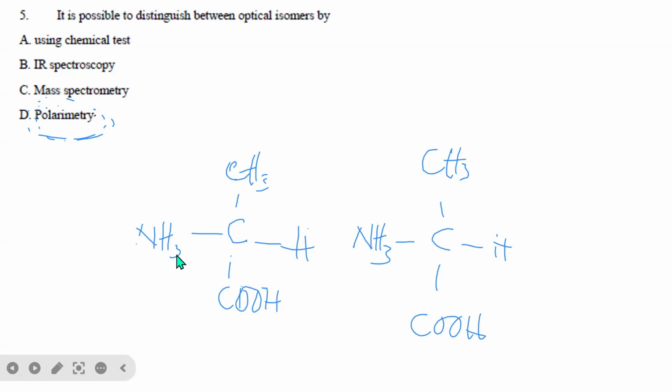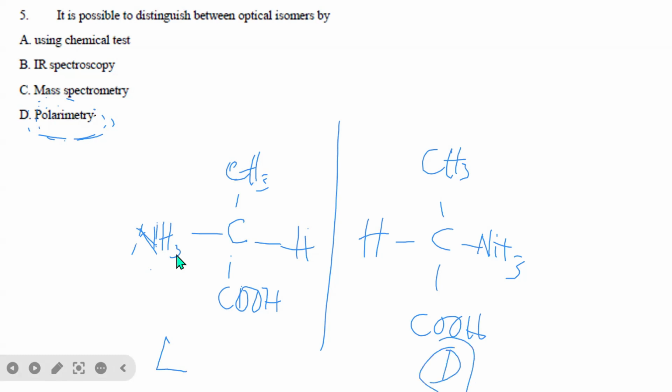Let me change something, because I wrote this with some structure. Let's see, here what we have is hydrogen, and here we have the NH3. If you look at this, they are mirror images of one another. The NH3 here is at the left, so that is why it's called L. And this one is at the right, and that is why it's called D. So this is dextrorotatory and this is levorotatory. So this is the optical isomerism.